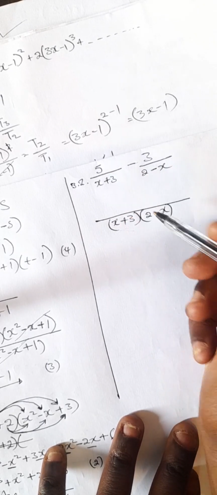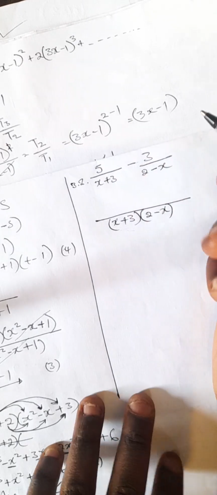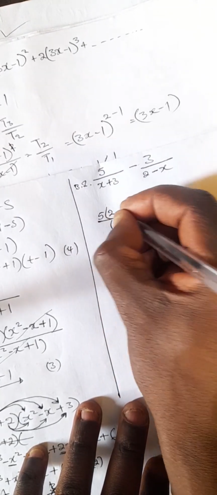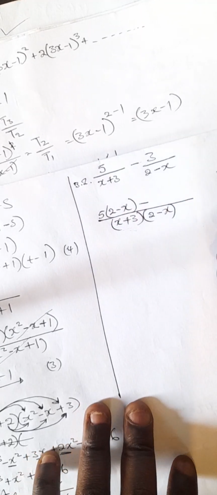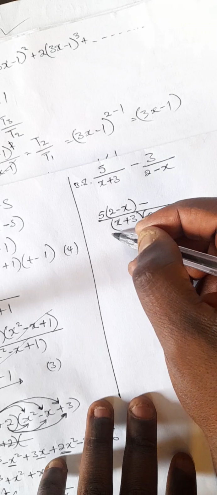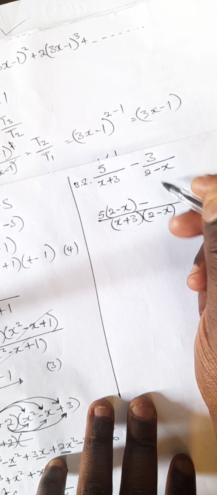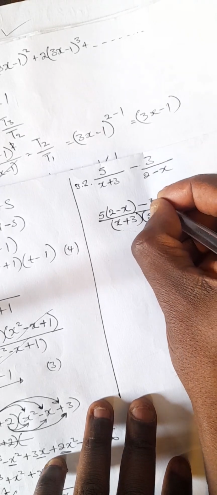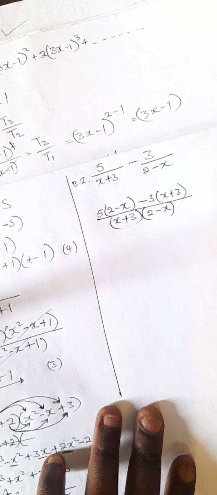You will have 2 minus x, and then multiply by the numerator 5. 5 into 2 minus x, minus this whole term divided by 2 minus x. So 2 minus x will cancel out. You remain with x plus 3. Right.